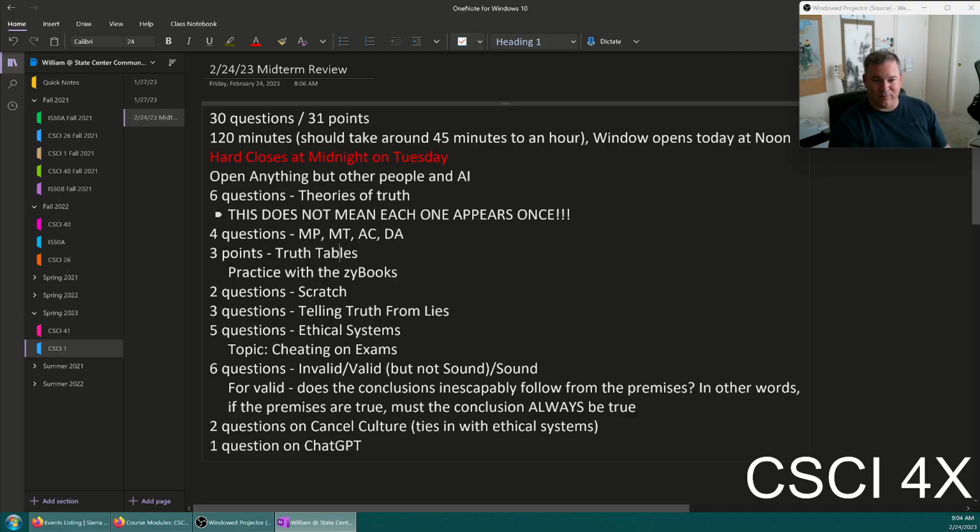Yes, all of it is multiple choice. It's automatically graded. The answers will appear at midnight on Tuesday. So if you do it on Monday, you'll have to wait till Tuesday to see the answers. That's so that student A can't take the test and then hand the answers to student B. It is mostly 4-option multiple choice.